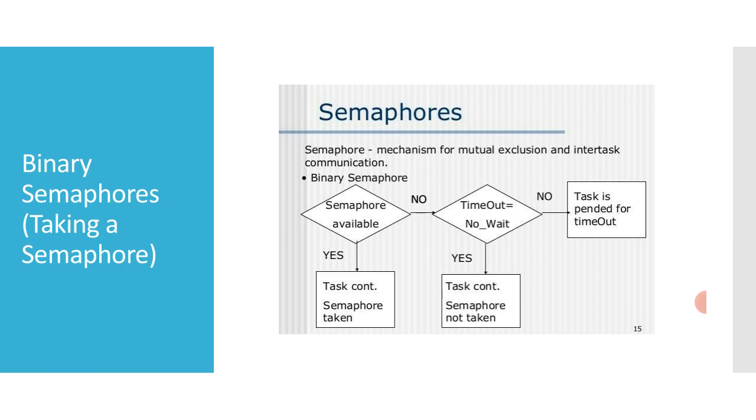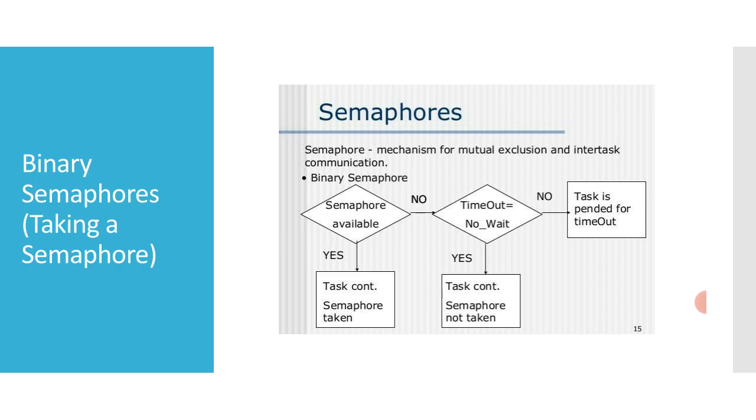When a task takes a binary semaphore with semTake, the outcome depends on whether the semaphore is available (full) or unavailable (empty) at the time of the call, as shown in this figure. If the semaphore is available (full), the semaphore becomes unavailable, that is empty, and the task continues executing immediately.